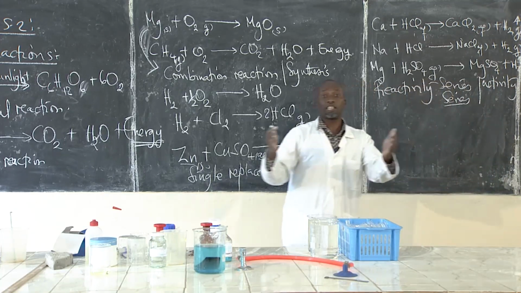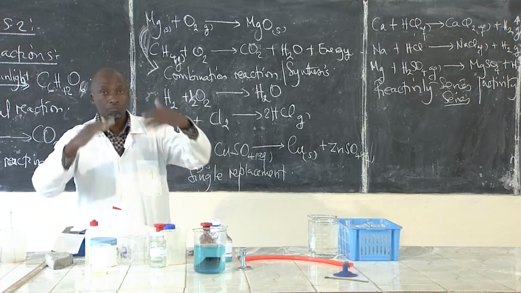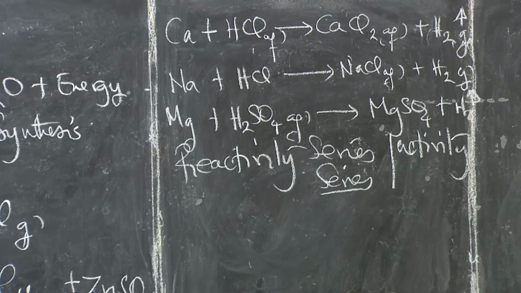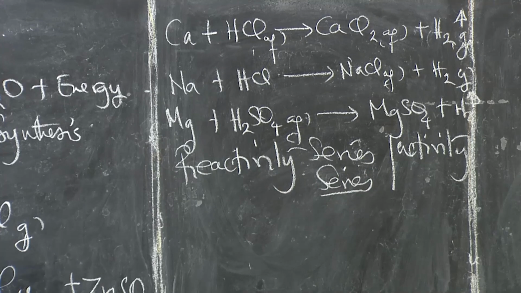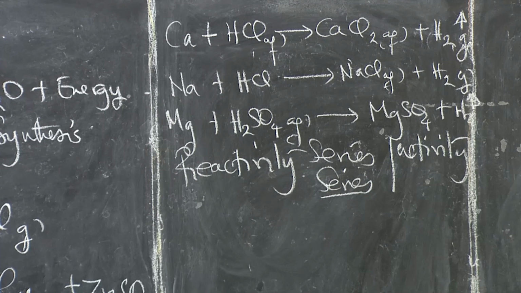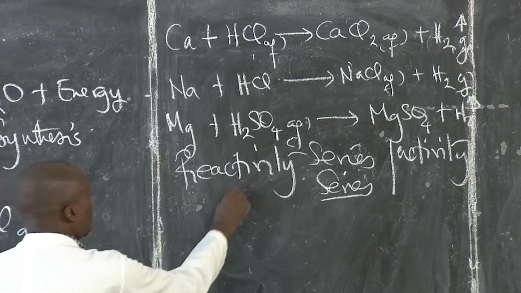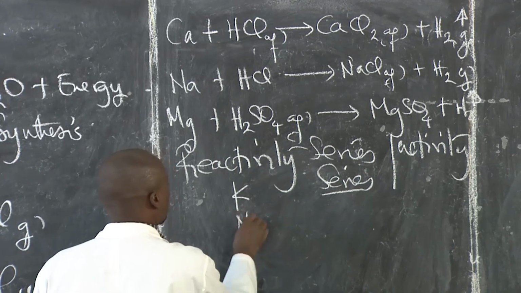The activity series is the arrangement of metals in order of their reactivity, either with water, with oxygen, or with acids.